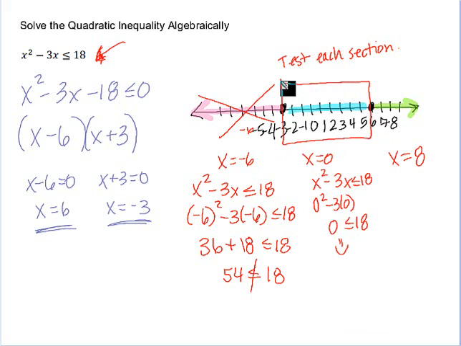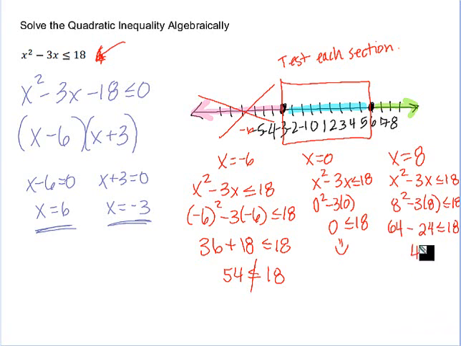And then finally, we do our third section, which is x equals 8, and we plug that into our original inequality. So 8 squared minus 3 times 8, we want to see if that's less than or equal to 18. So 64 minus 3 times 8 is 24. 64 minus 24 is 40. And 40 is not less than or equal to 18, so this section does not work.